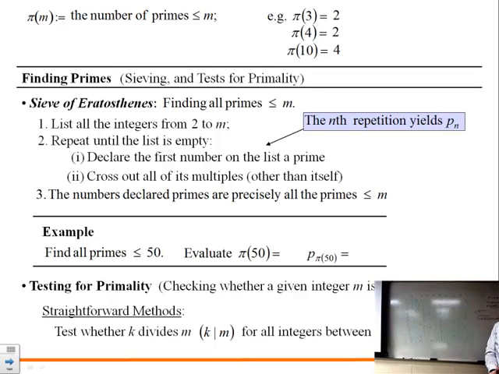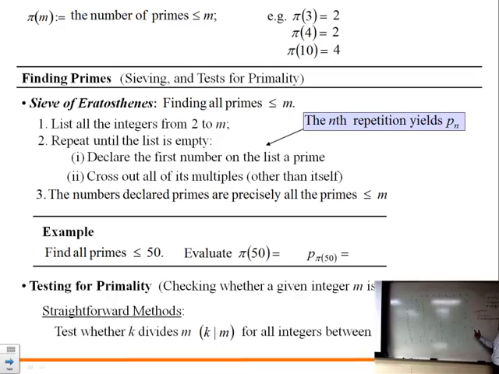So we claim that we could start right with the square of the number, and we don't have to worry about anything less than the square of the number. It's already crossed off. Why is that? Like for 7, for example. You multiply it by a lesser prime already. It would already be done.